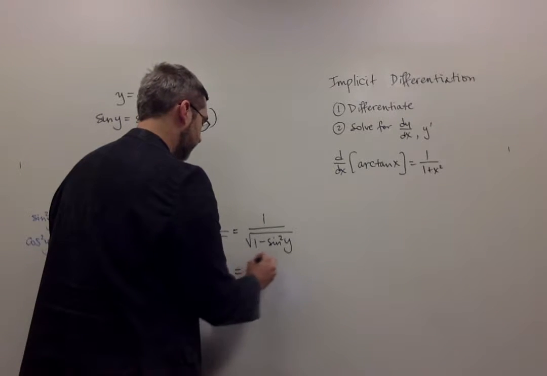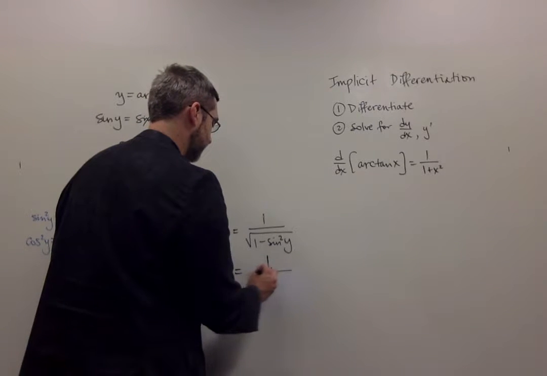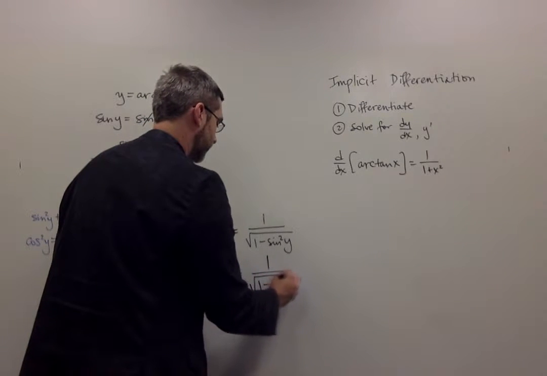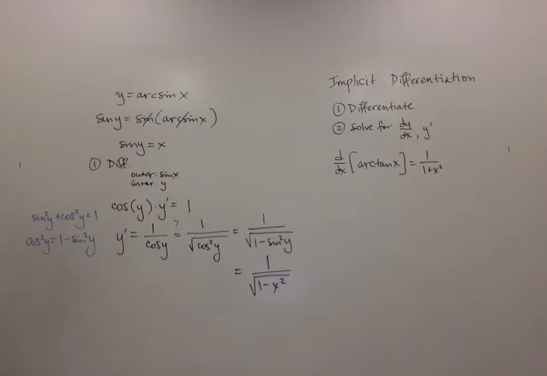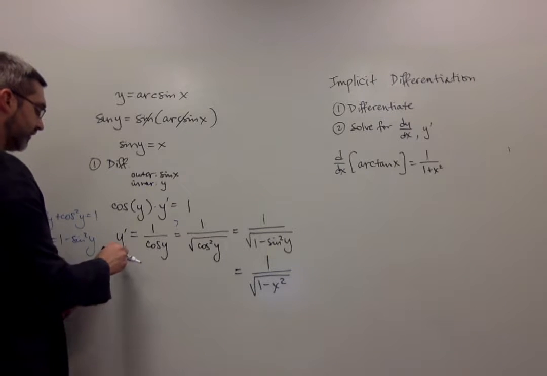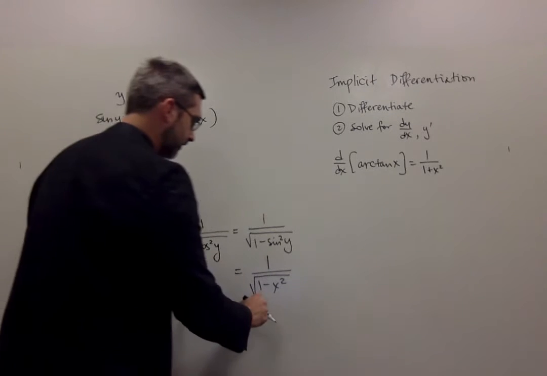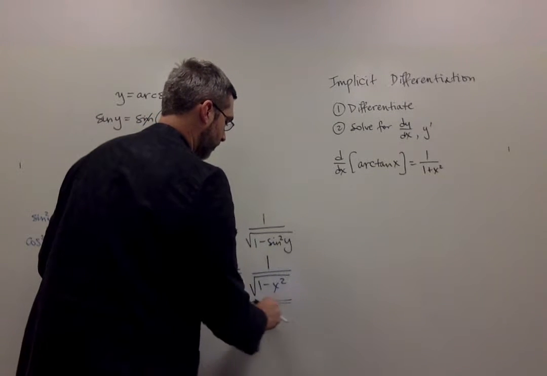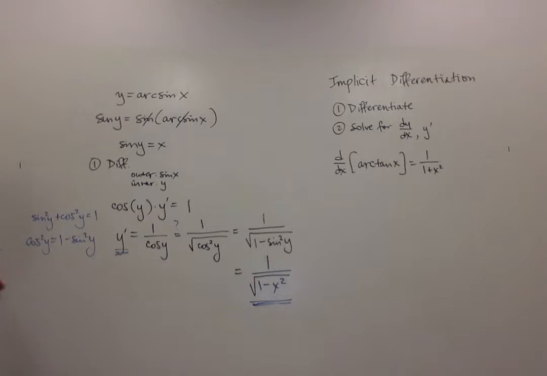So this formula turns out to be the square root of 1 minus x squared. And that turns out to be our derivative. That is the derivative of arcsin. So the derivative is 1 over the square root of 1 minus x squared. Okay.